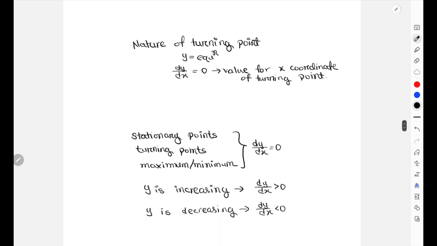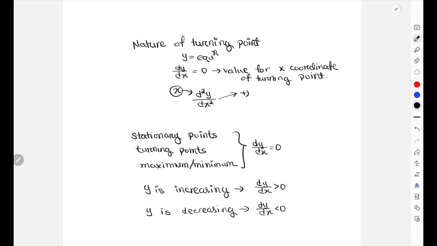For dy by dx equals 0, in order to identify if the x value you got is for a maximum or a minimum, you input that x coordinate into the double differentiated equation.